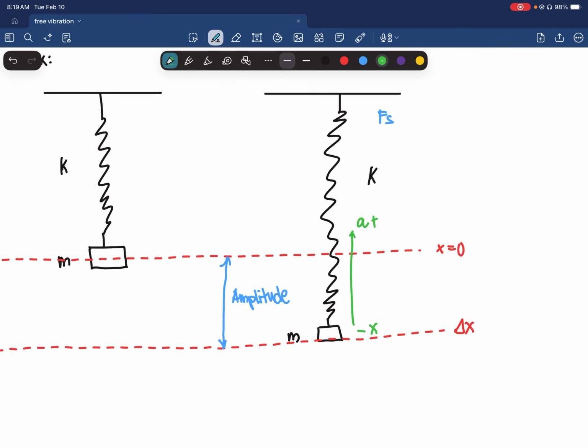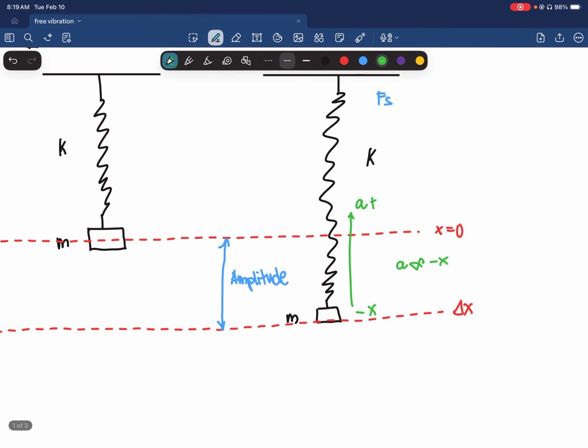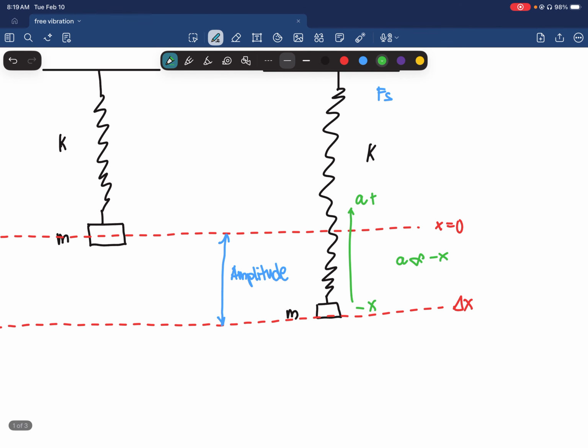So this signifies our proportionality earlier, that acceleration is directly proportional to displacement. And whenever the block goes down, its displacement is positive, but the acceleration is negative.